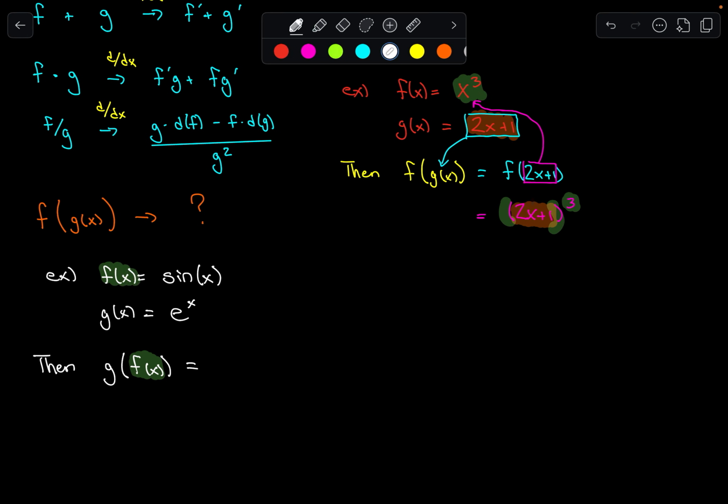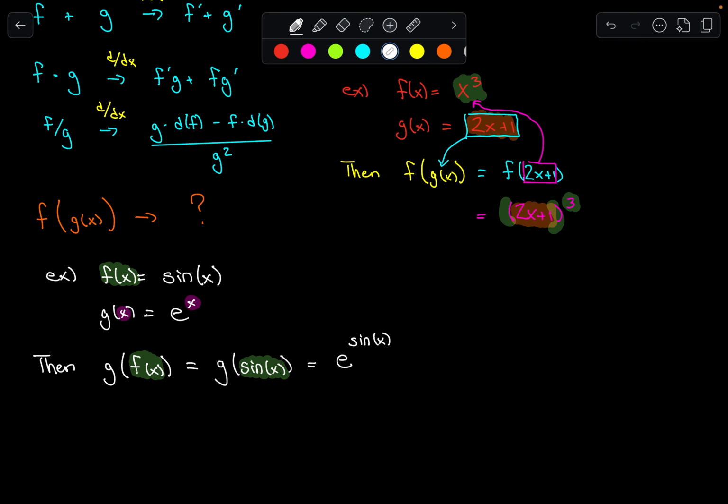So what we essentially have is g of sine of x. Because we have this sine of x on the inside, wherever I see an x in this g of x function, we're going to replace that with sine of x. That's going to give us e raised to the sine of x.